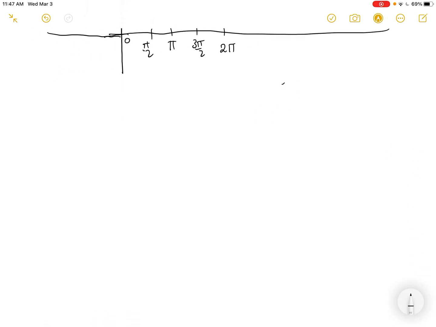Now, there is a fifth problem that I want to look at with you because it's at the end. And that fifth problem is the average rate of change. The average rate of change is just the slope. That's all an average rate of change is.